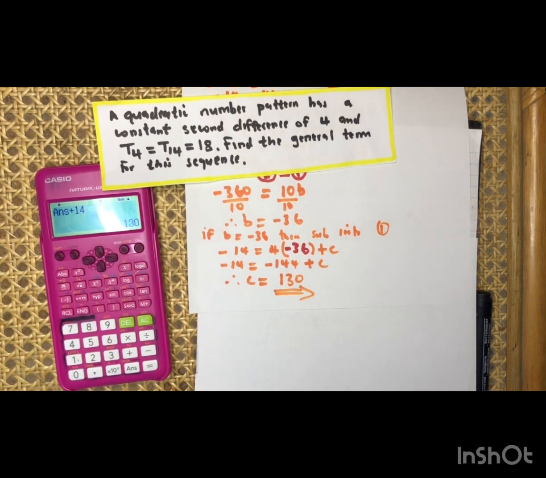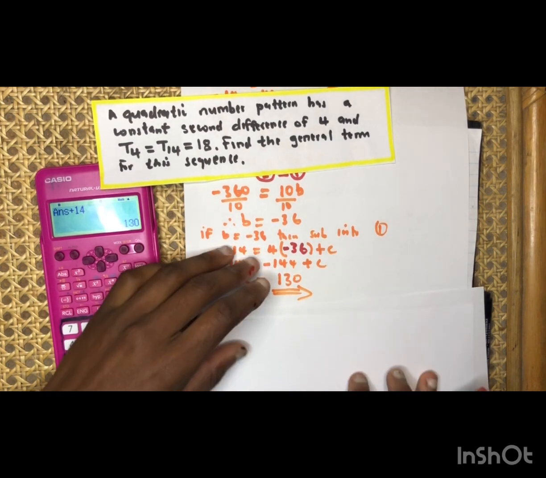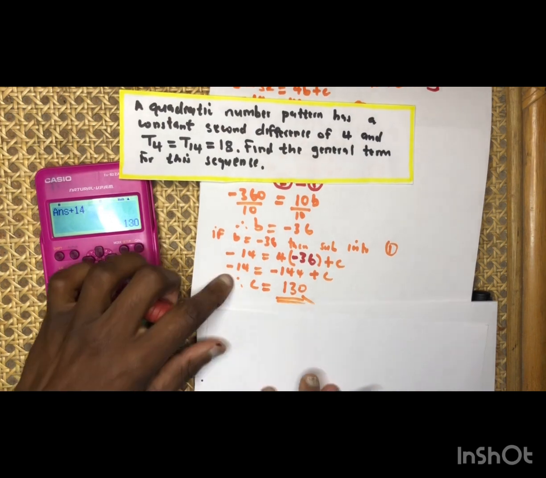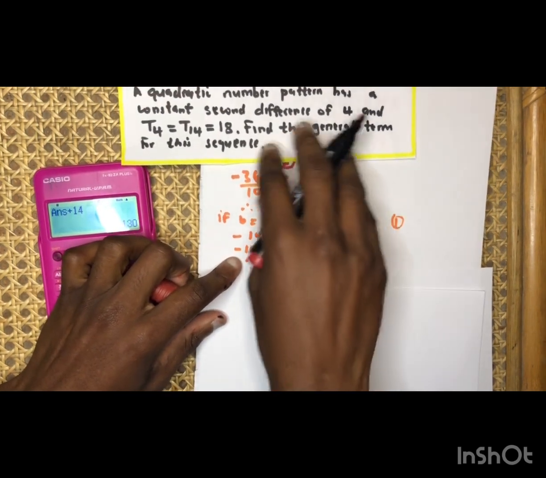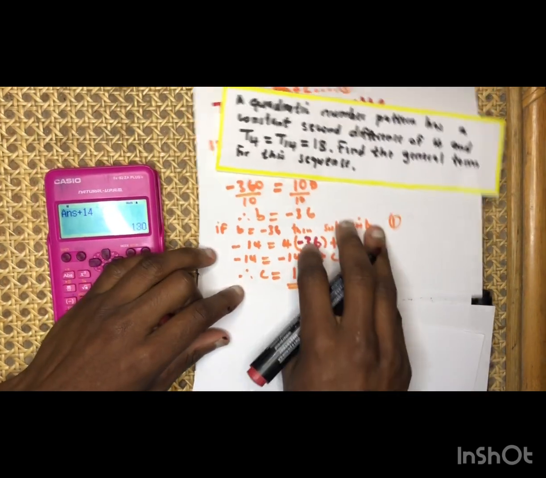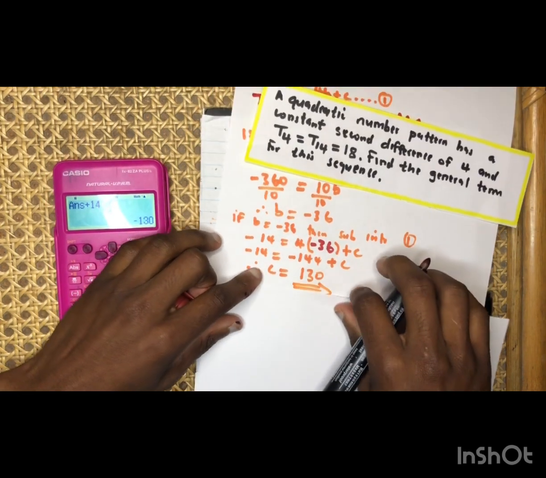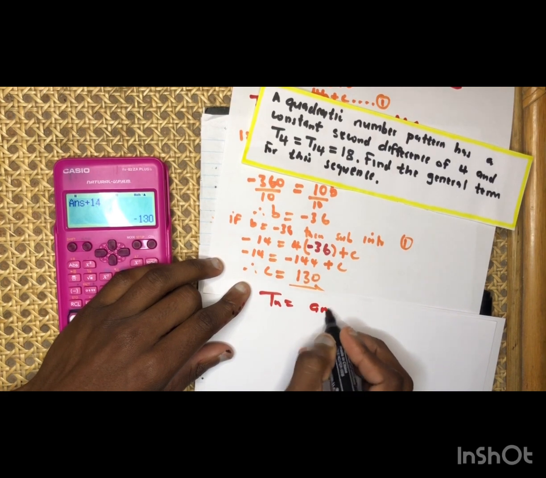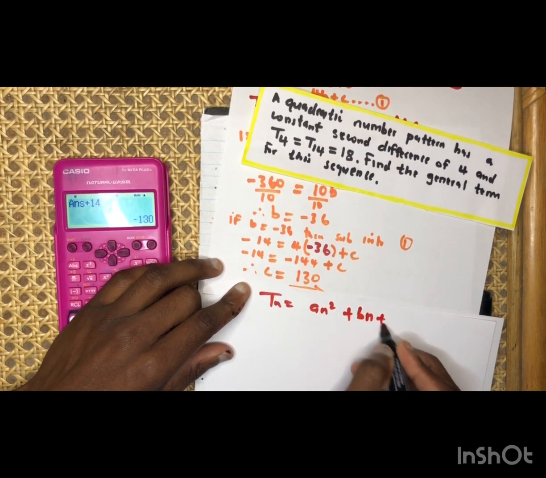So what we need to do here, it's simple, guys. Sorry guys, I ran out of paper, so I'm going to use the other one. We know that Tn is equal to an squared plus bn plus c.